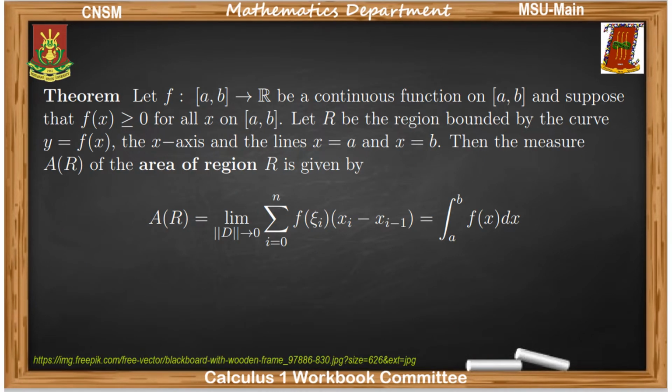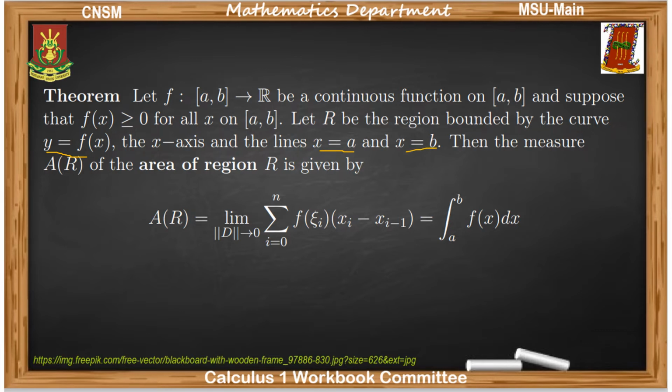Theorem: let f on the closed interval [a, b] be a continuous function, and suppose that f of x is greater than or equal to 0 for all x on the closed interval [a, b]. Let R be the region bounded by the curve y equals f of x, the x-axis, and the lines x equals a and x equals b.